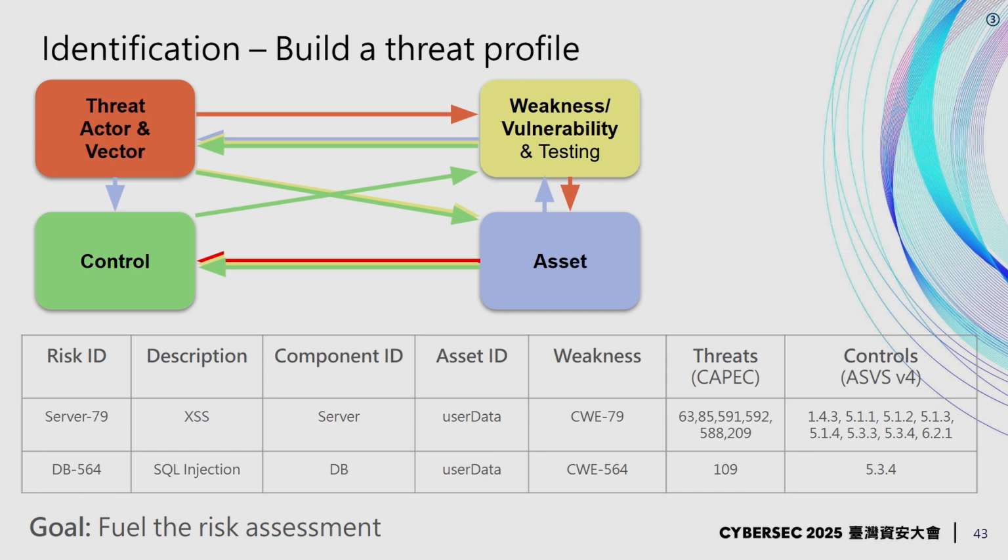So here we capture that in a risk table for the example that we saw earlier, the cross-site scripting and the SQL injection, referencing the CWE entry, and then following the linkage in the guidance, the CAPEC threat, and finally a list of controls from the OWASP ASVS. And here we notice that compared to our manual brainstorming session from earlier, where a single control was identified for the XSS attack, we actually have a numerous number of controls that are recommended to cover those.